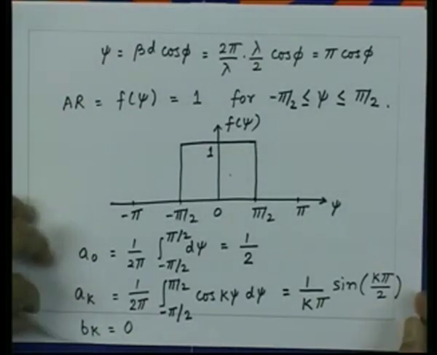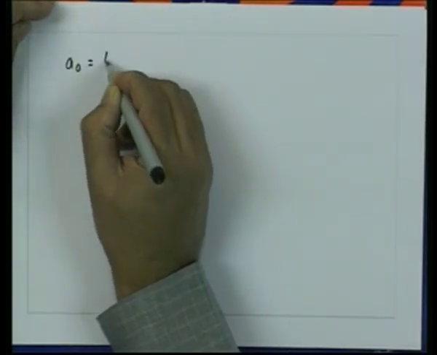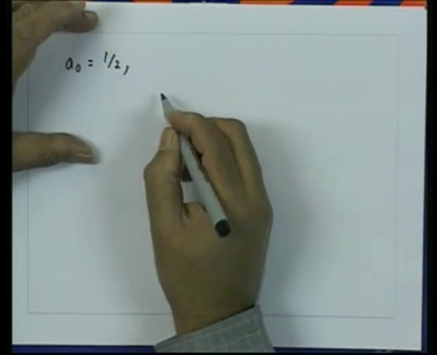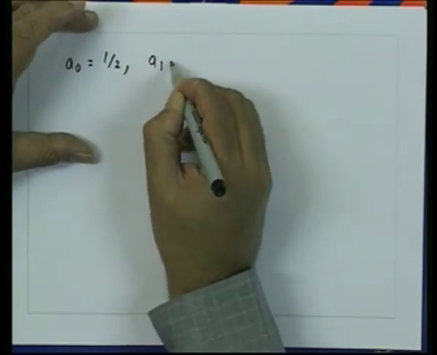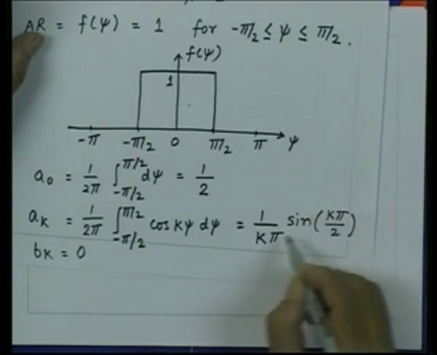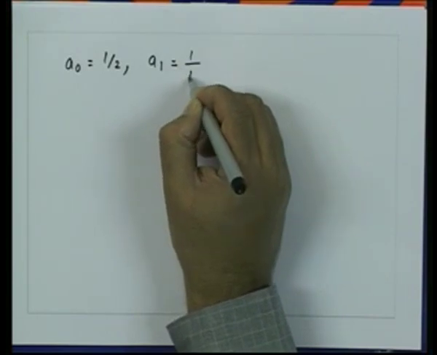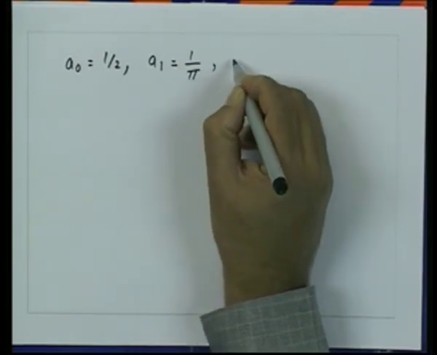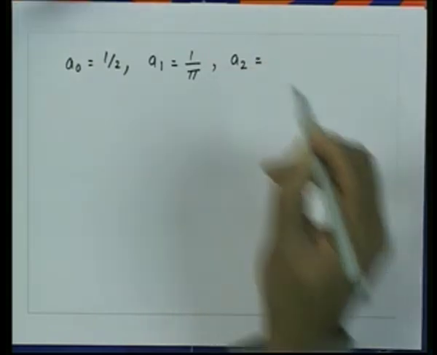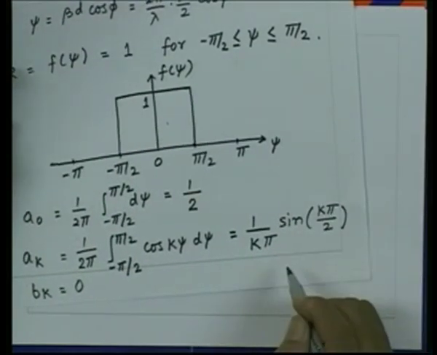So, essentially now we get the current coefficients for this, which would be a0, which is 1 upon 2. Then we have a1, which, if I put k equal to 1 in this, will be 1 upon pi. a2 will be, when I put k equal to 2, sine of pi, which is 0.